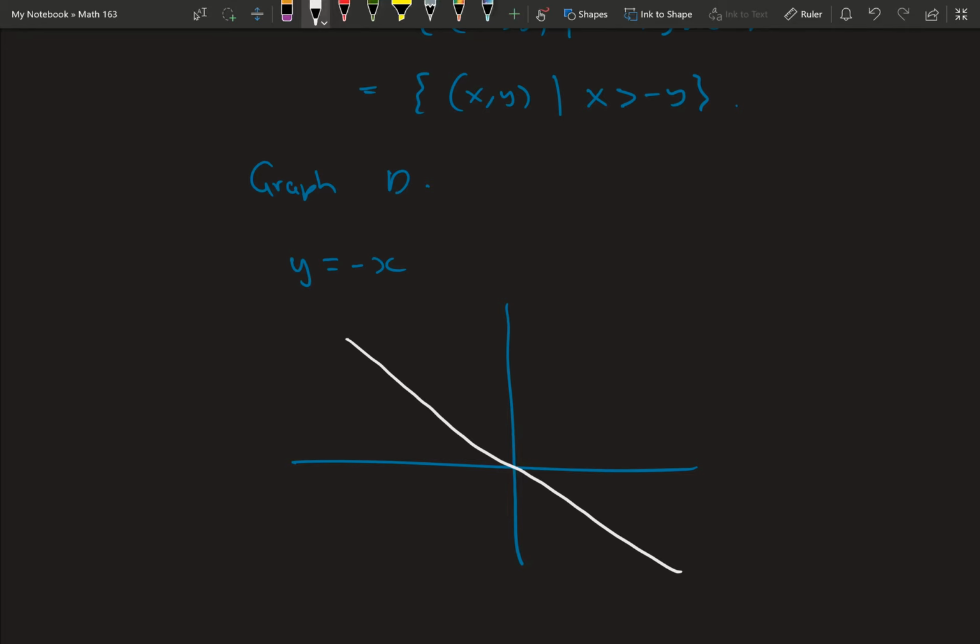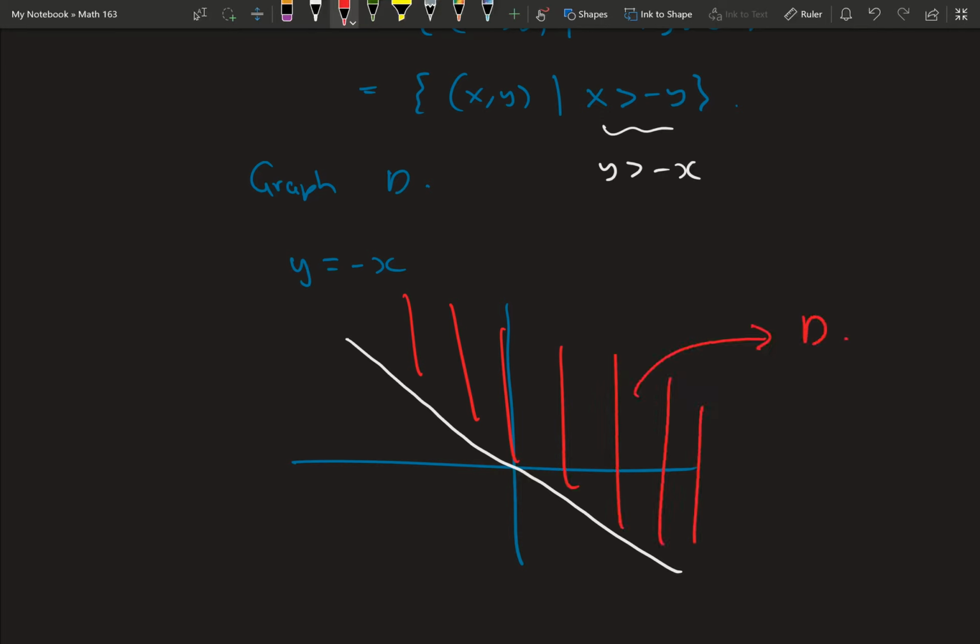I guess I could have rewritten this in the more usual way, y is greater than negative x. It's the same thing. So essentially the domain then, if y is going to be greater than negative x, then we have to be sitting in this red region. So this red region, this is when y is greater than negative x, and that is the domain D.